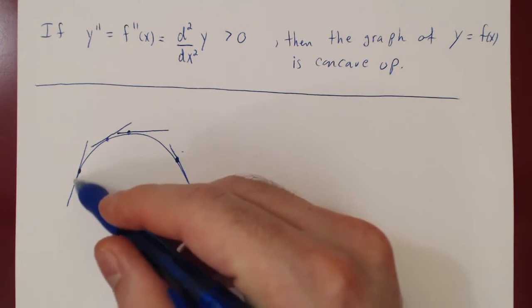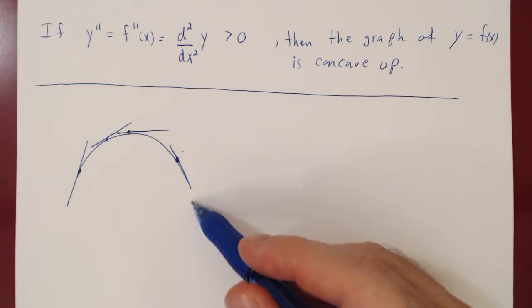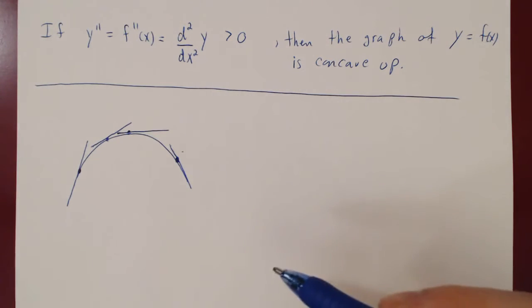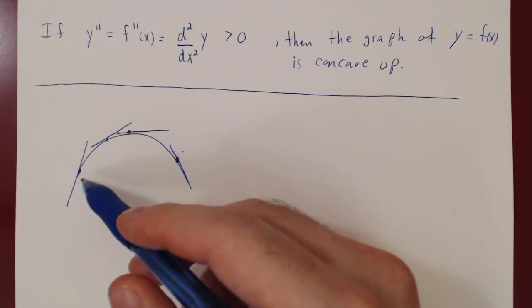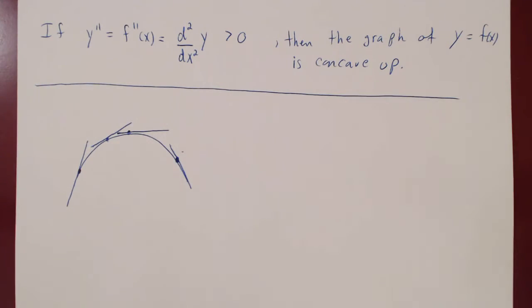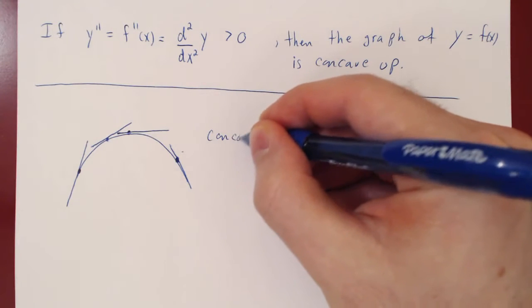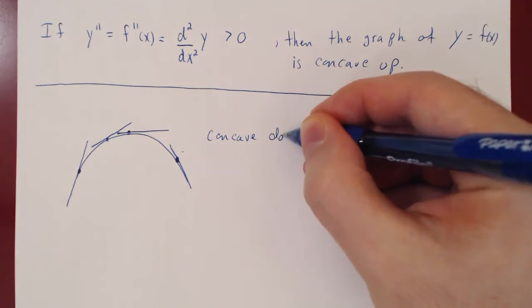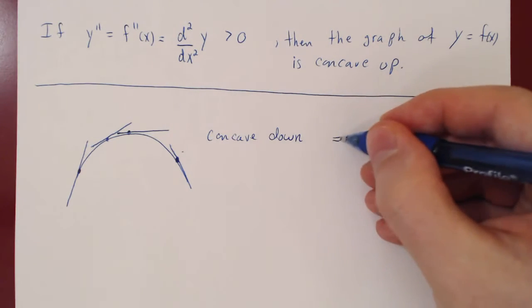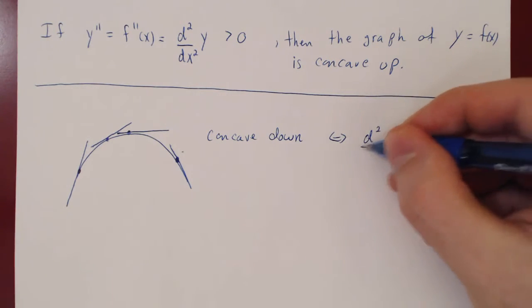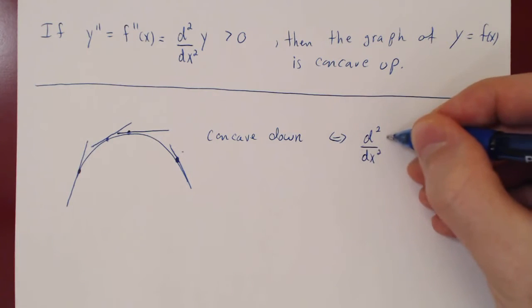And so you see when the curve is concave down, the derivative is decreasing, therefore its rate of change must be negative, but the rate of change, as we said, is just a derivative. So because the derivative is decreasing, its derivative must be negative. But the derivative of the derivative, as we have just said, is the second derivative.